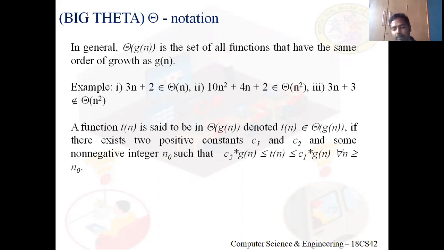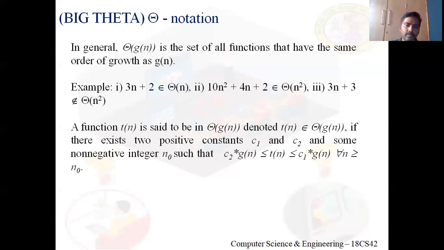Got it? So what is big theta of G of n? The set of all those functions whose growth rate is the same as G of n. So informally, big theta of G of n is the set of all functions whose growth rate is the same as G of n.